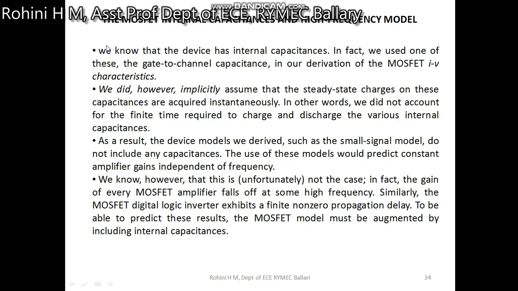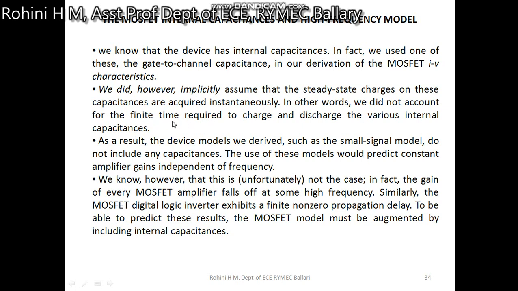We know that the device has internal capacitances. We used one of these, the gate to channel capacitance, in our derivation of the MOSFET model. However, we assumed that the steady state charges on these capacitances are acquired instantaneously. So we did not account for the finite time required to charge and discharge the various internal capacitances.